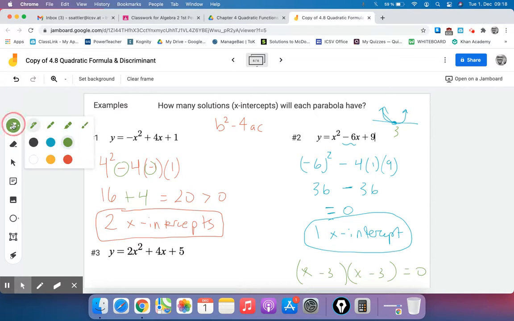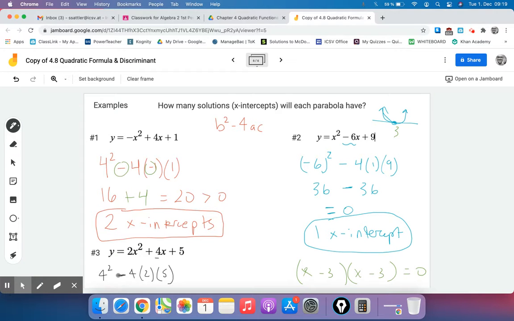And then case 3, you can probably guess. It must be one that we haven't done yet. So b squared, in this case b is 4, so b squared minus 4 times a is 2, and times c is 5.